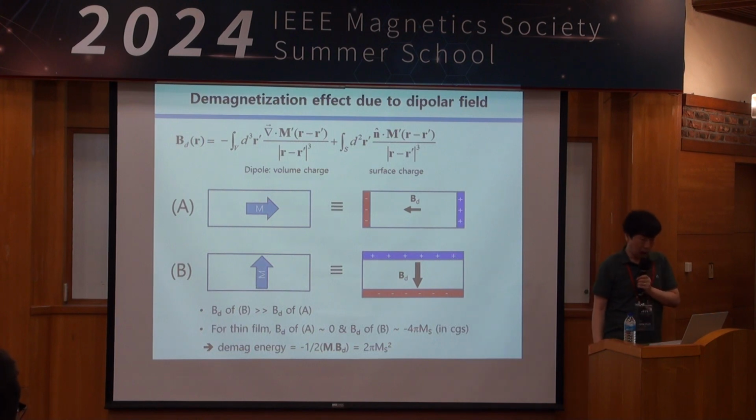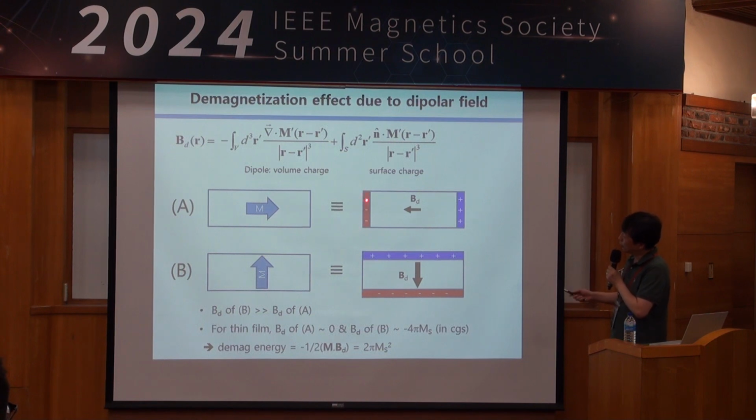For example, I think you know all about this, but if your magnetization is in a single domain and your sample is in this shape and magnetization is in this direction, then you can convert this to a kind of magnetic charge. Here I have a plus magnetic charge because magnetization was non-zero here but zero here. So there is a spatial gradient to the magnetization.